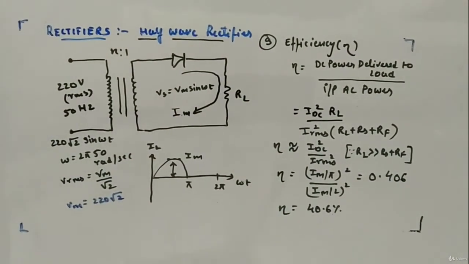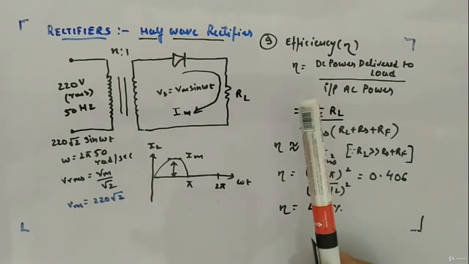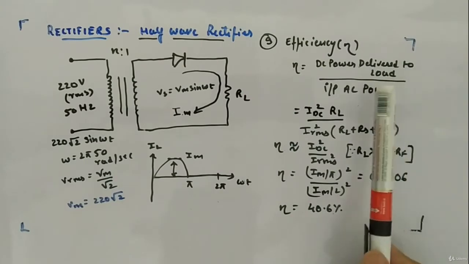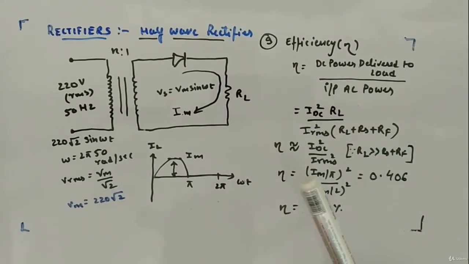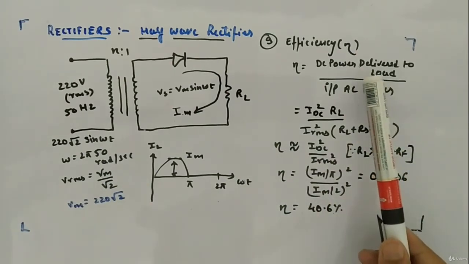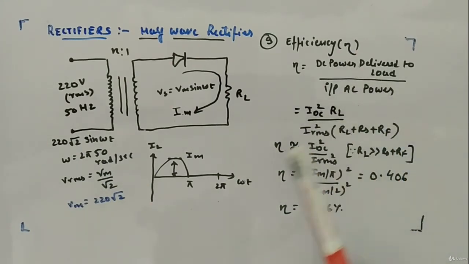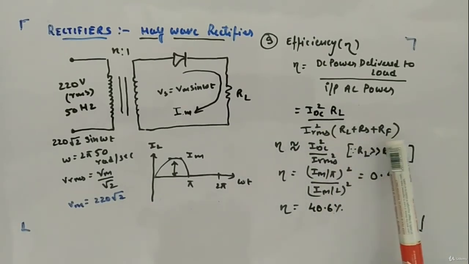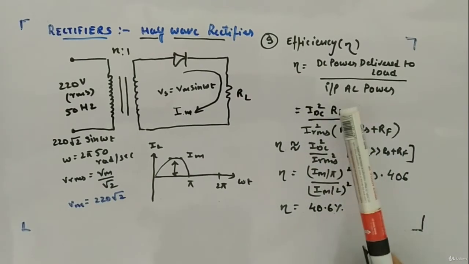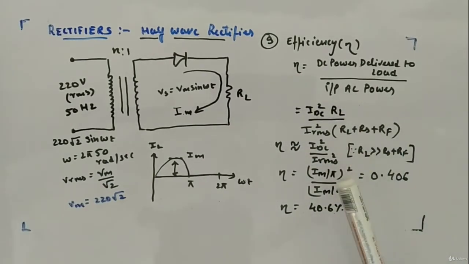Okay, let's look at the next property, which is efficiency. Efficiency is the DC power delivered to the load divided by the input AC power to this load. If you plug in the values, you get IDC square RL divided by IRMS square into (RL plus RS plus RF). This is the input AC power, and this is the DC power delivered to the load.